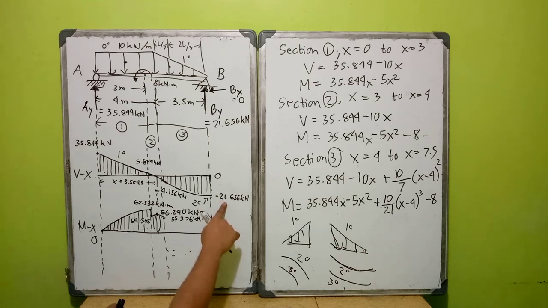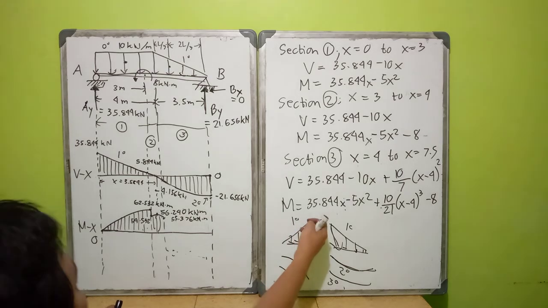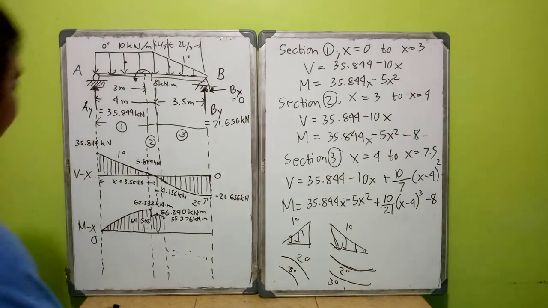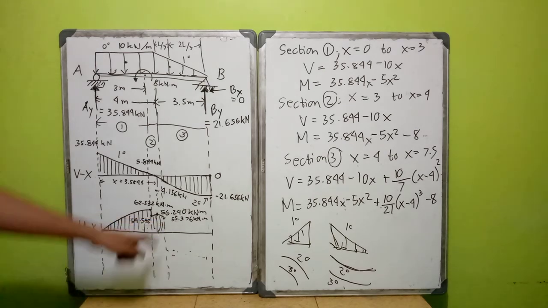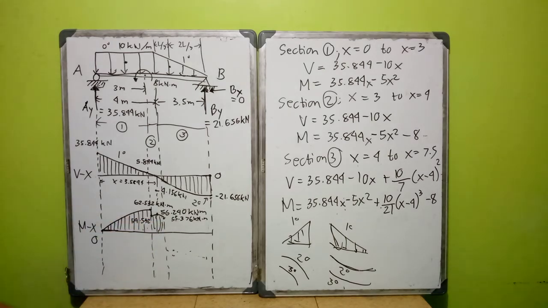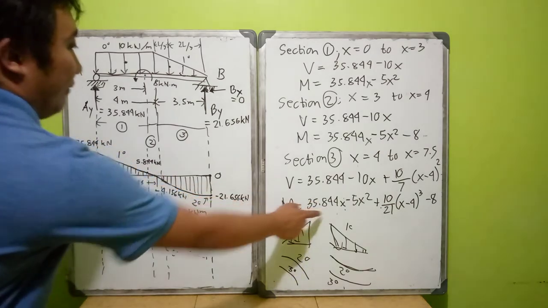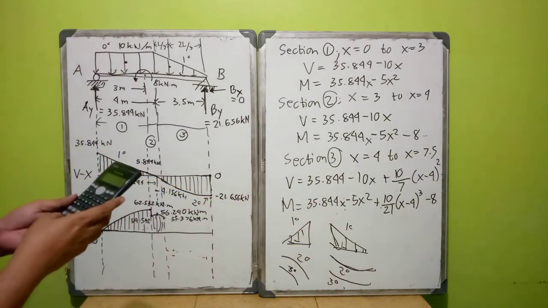So we will check if this will equate to 0 at x equals 7.5. Since we are done when x is equal to 4, let us try. If it will not equate to 0, then there is something wrong with our solution.